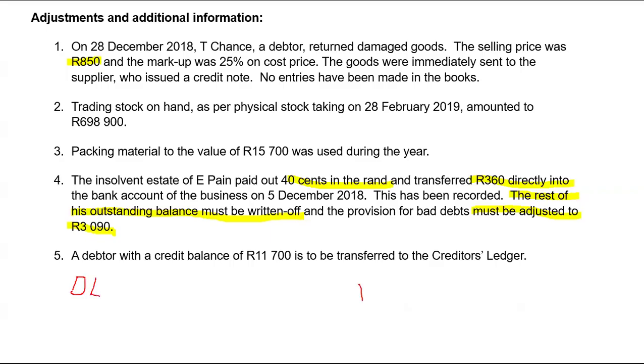The debtors ledger has the debit, it also has the credit, then it has the balance. According to this, it says that the debtors ledger has a negative balance of 11,700.